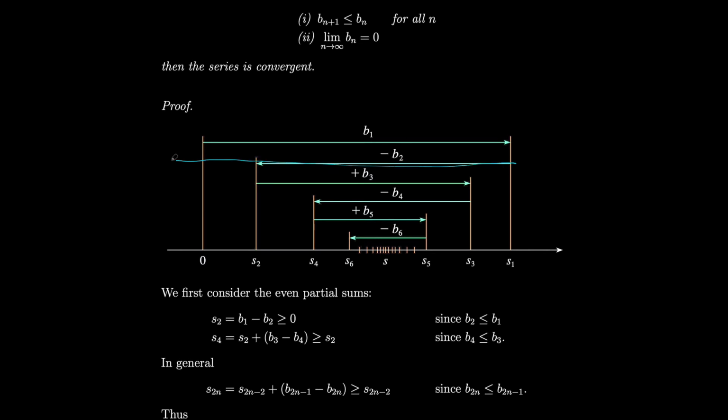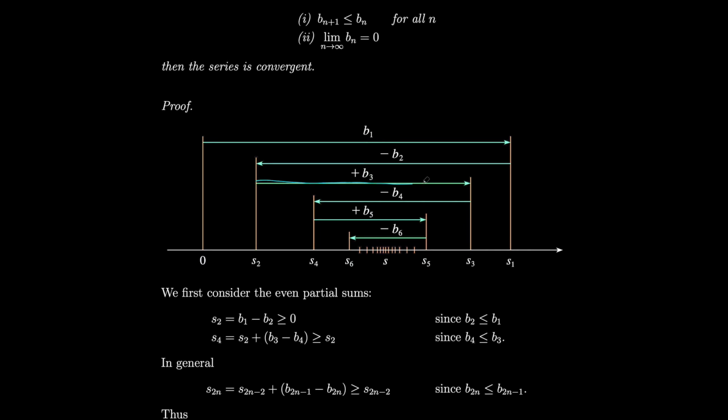So when we subtract and go backwards for the second term, there's no way that we could go past where we were for the first term, because the value of B2 is less than or equal to the value of B1. So the sum of the first two terms will always be a positive number past where we started. And the sum of the first 4 terms will be a positive number even past that, because you just do the exact same thing again.